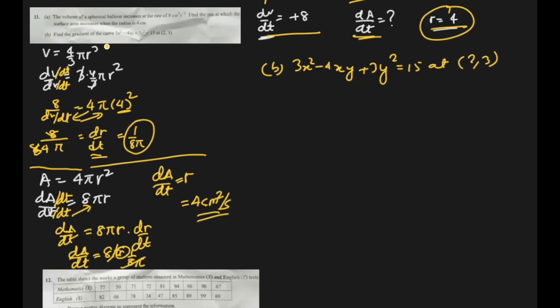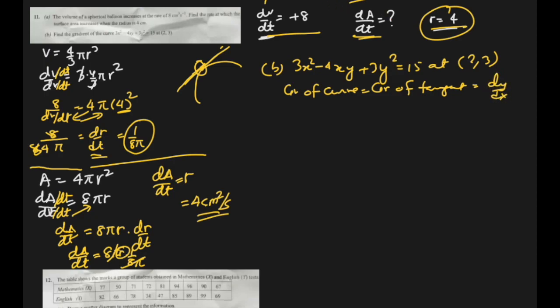When they say gradient of the curve, suppose this is the curve and we draw a tangent on this curve here. Whatever is the gradient of the curve at this point will be the gradient of this whole tangent, so the gradient of the curve is the same as the gradient of the tangent, which is the same as dy over dx.